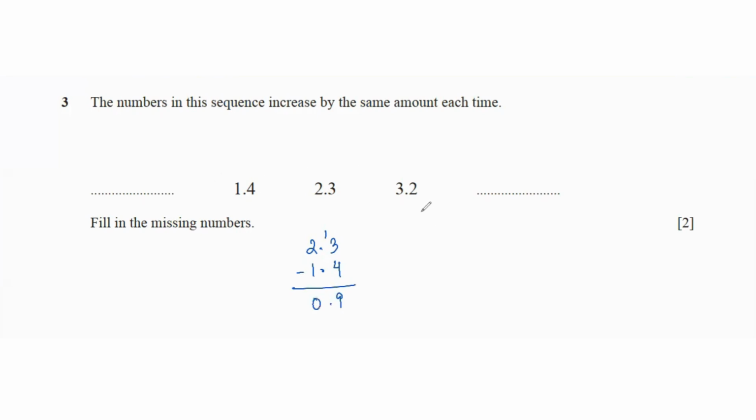So that means 3.2 plus 0.9 would give us the next term, which is 4.1. And 1.4 minus 0.9 would give us the first term, which is 0.5.